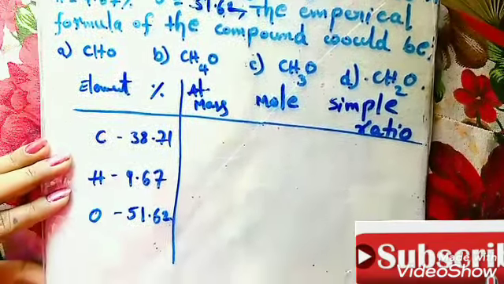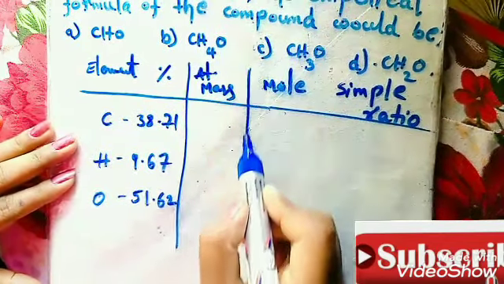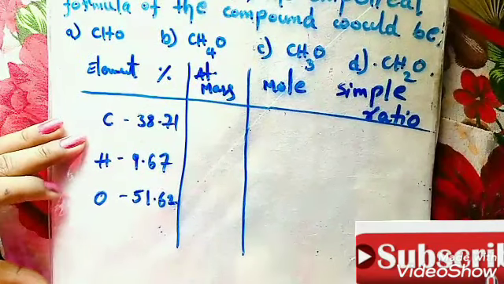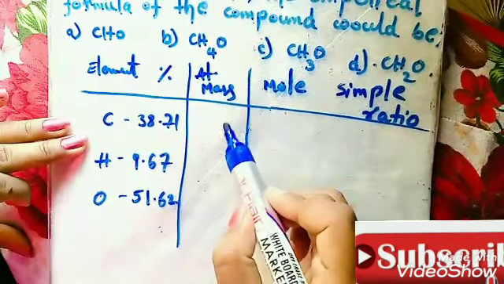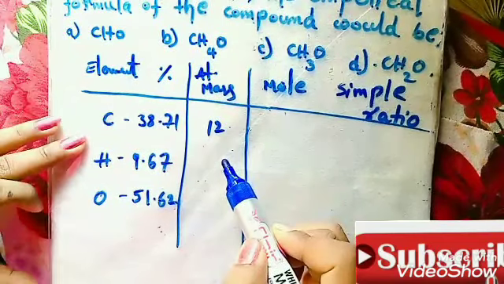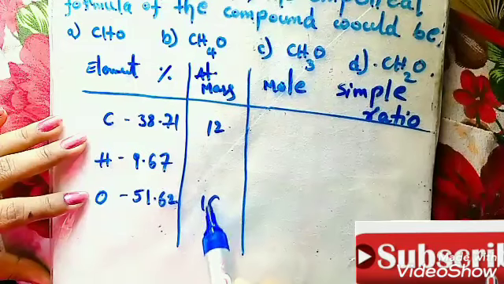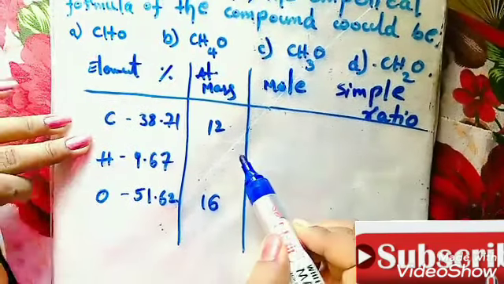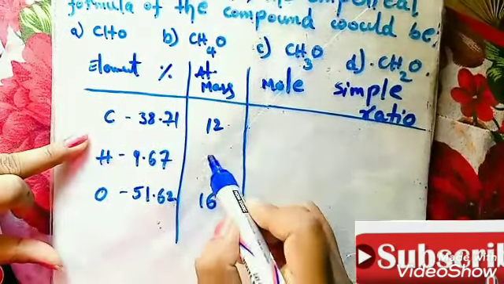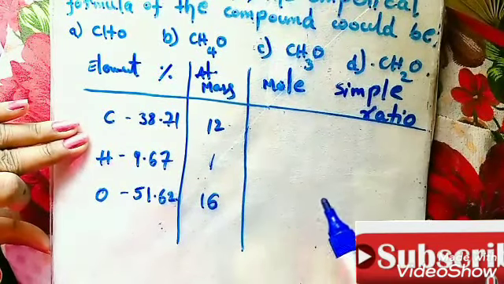That is the percentage they have given in the question. And atomic masses, we have to find out for this. For carbon, atomic number 6 and the atomic mass is 12. And oxygen, atomic number 8 and mass is 16. And for hydrogen, both are 1 only. Atomic number as well as mass number both are 1.